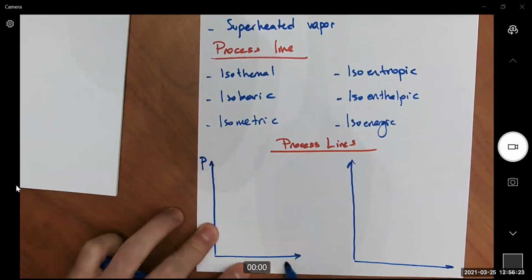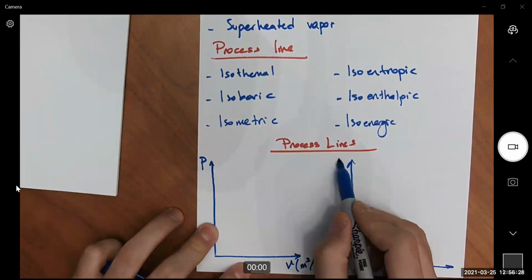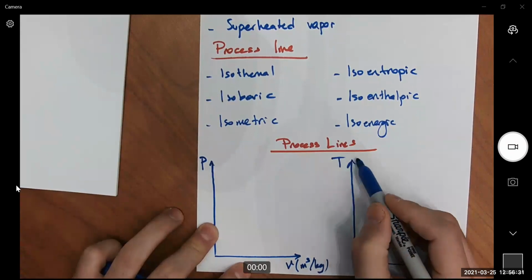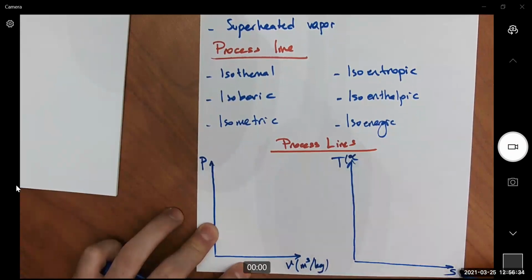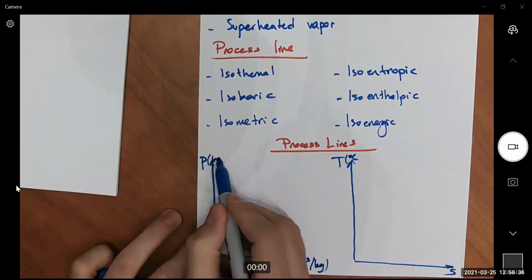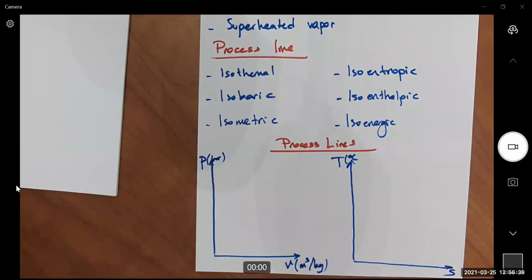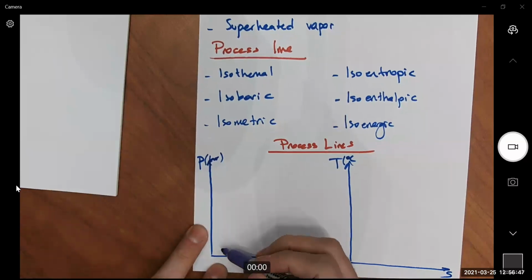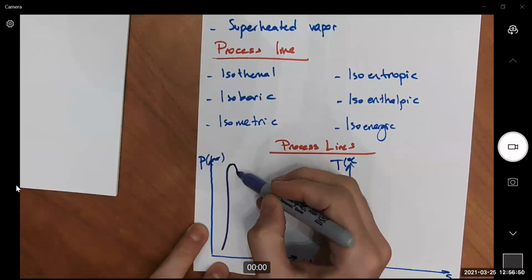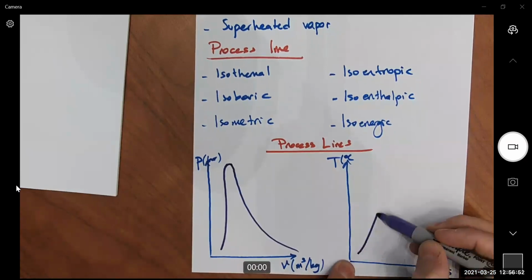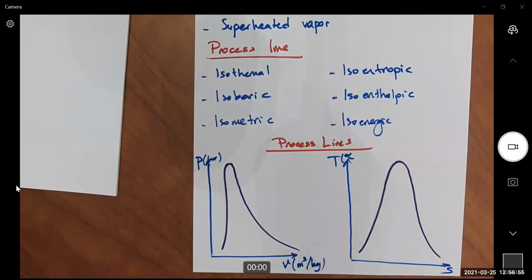Pressure versus specific volume, PV diagram and TS diagram. Temperature in Celsius, entropy in kilojoules per kilogram Kelvin, and pressure in bar. Let's look at the isothermal process first.